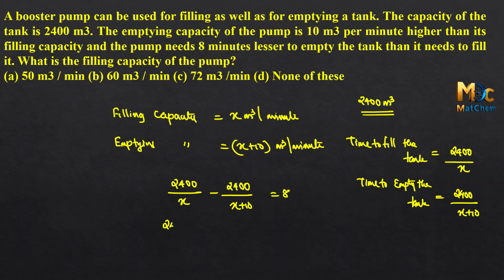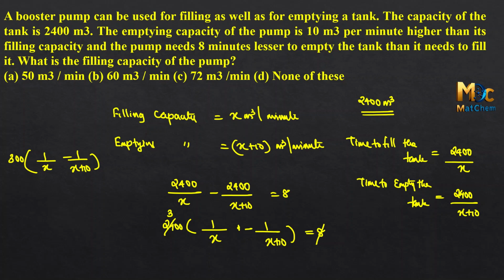If you take 2400 common outside, you get 1 by x minus 1 by x plus 10 equal to 8.